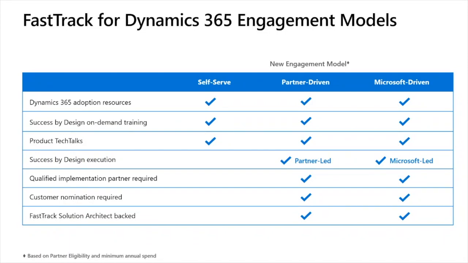There is no direct engagement from individual members at the FastTrack team for these projects. It is a self-serve model. And these projects are relying on their implementation team and the partner to lead them to success. However, there is nothing preventing partners from starting and executing the Success by Design workshops for these projects.